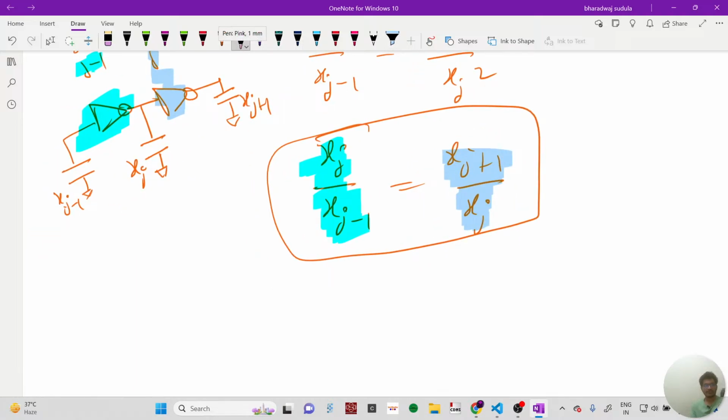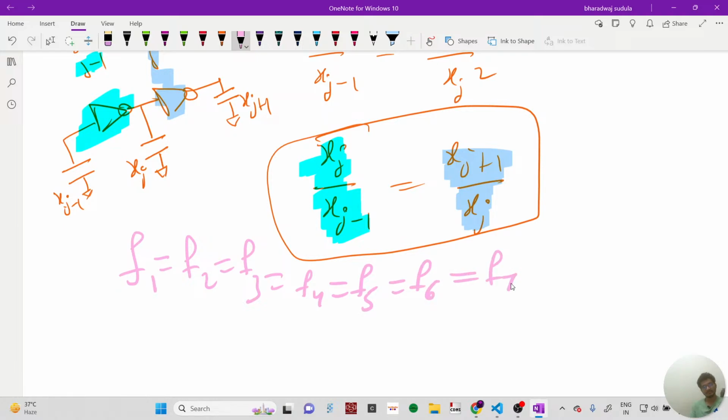So what it implies is the fan out of each and every gate is equal.